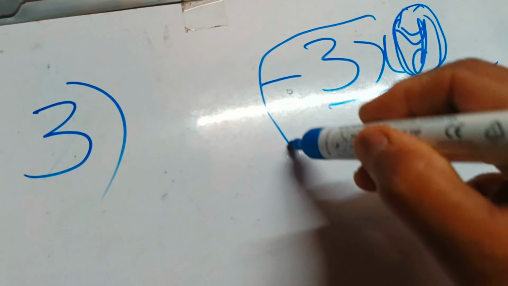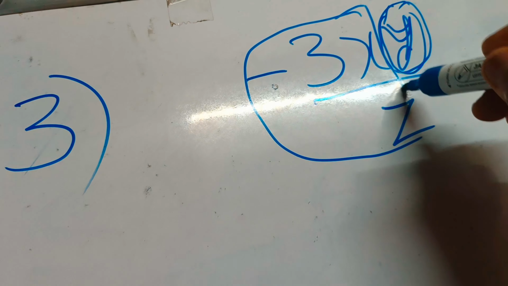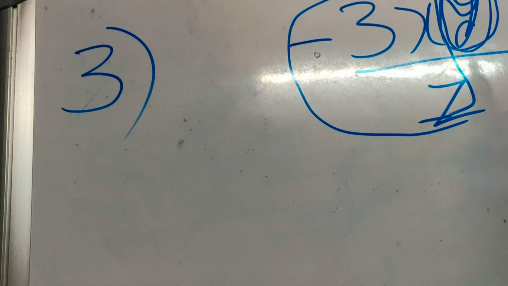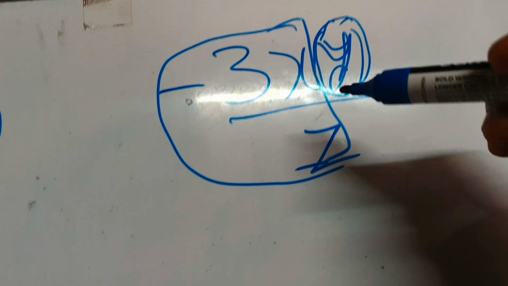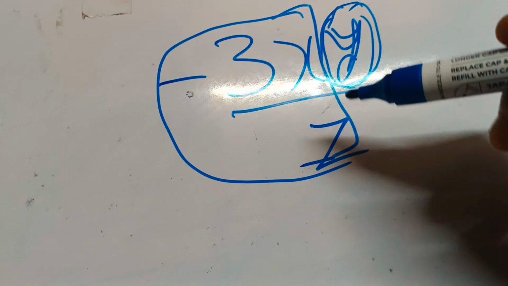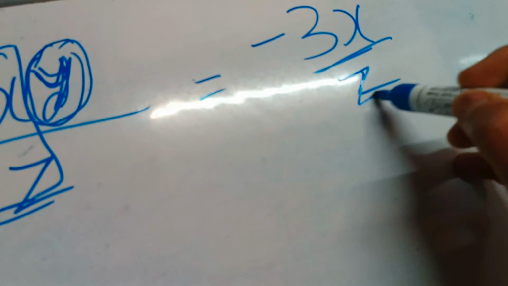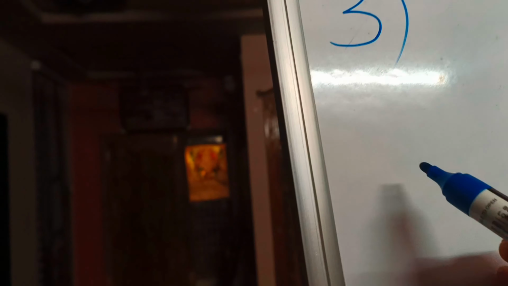This total term is called the coefficient of y. This total minus 3x by z is the coefficient of variable y. This is the answer, minus 3x by z. Next we are going to the fourth sum.